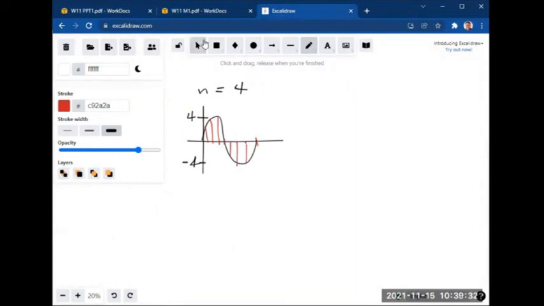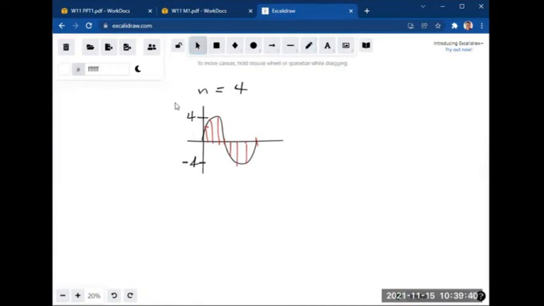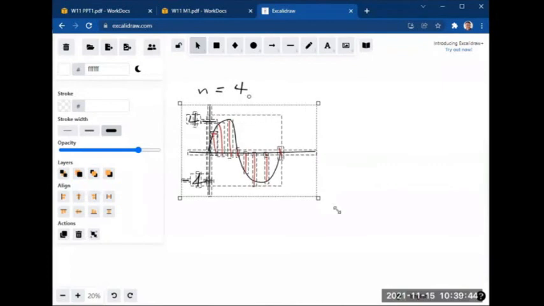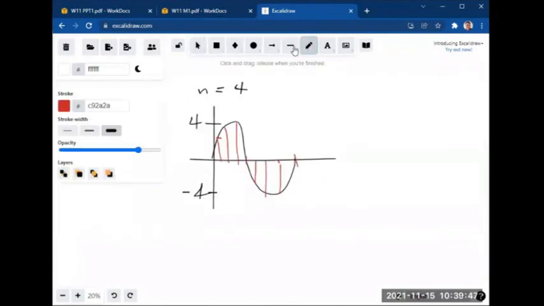So what happens in quantization is that this point, I'll try to enlarge this one. Okay, so this point will be sampled. This point will be sampled.